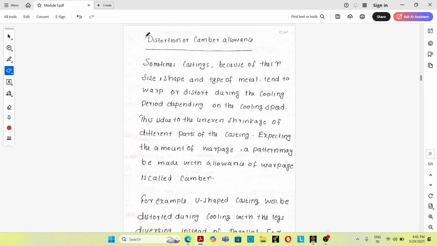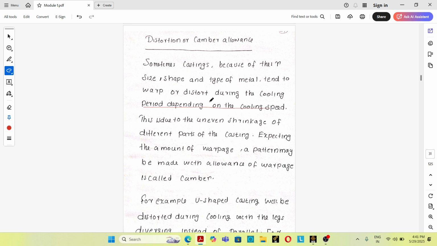So next one is distortion or camber allowance. See, distortion or camber allowance is always used to overcome defects caused by the cooling speed during solidification.